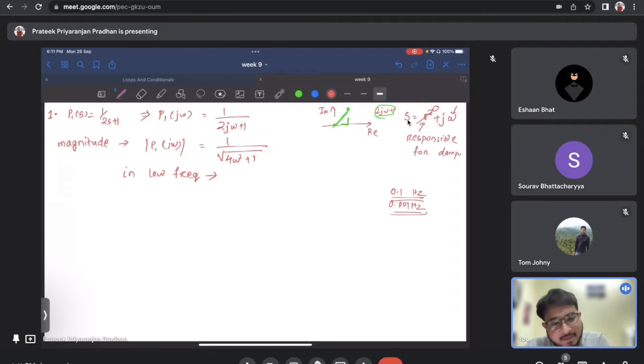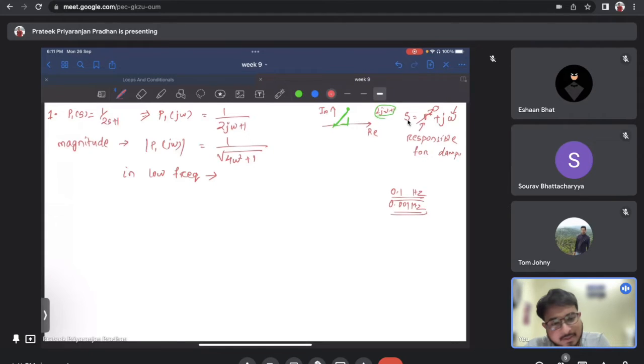Suppose this is 0.001, then the next unit will be 10 times, 0.01, then 0.1, then 1, then 10, then 100, then 1000, and so on.